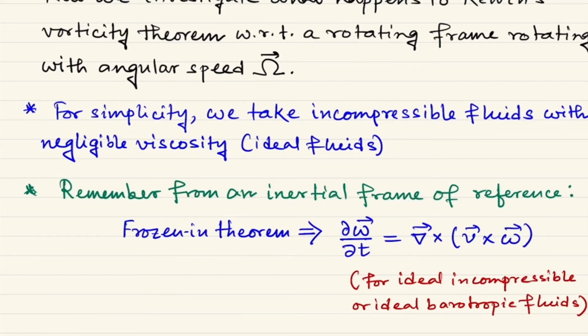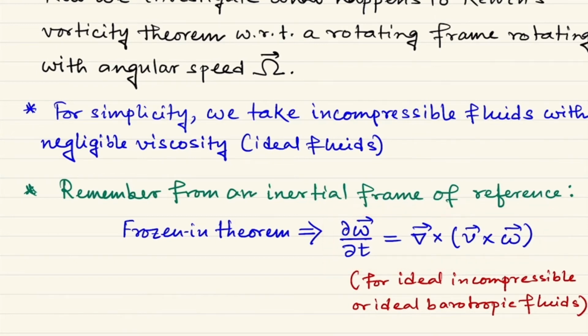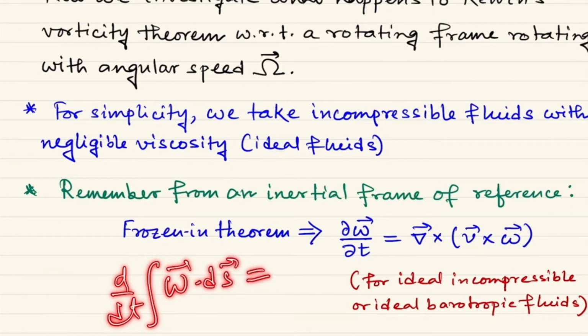The frozen-in theorem simply says that if we have a vector field ω which satisfies this type of partial differential equation, where v is the fluid velocity, and ω can be anything, here ω is eventually equal to the curl of the velocity field, and if this is true, then d/dt of the integral of ω dot dS will be equal to 0.